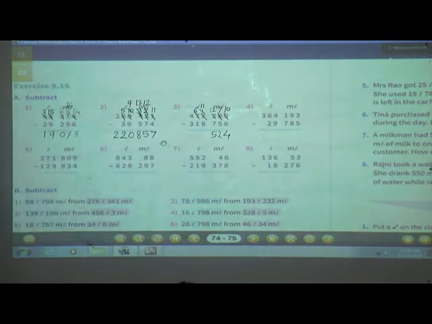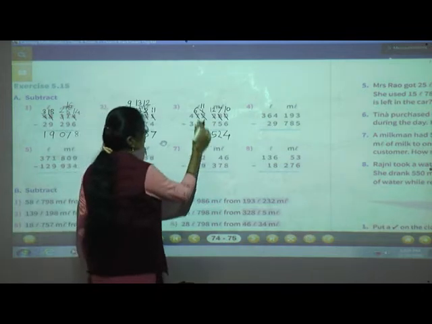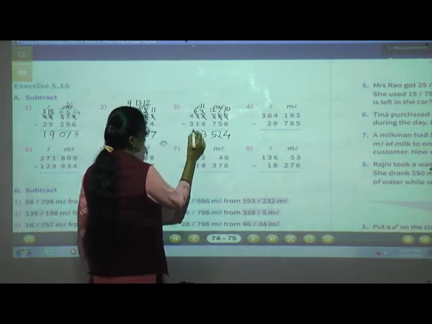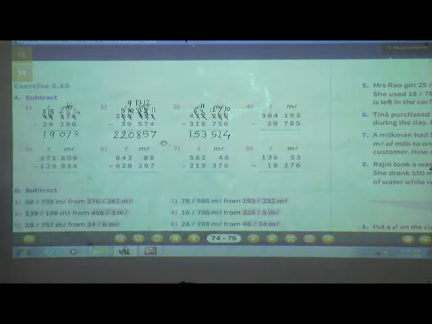Now 11 minus 8. Yes, what is the answer? 11 minus 8? 3. So what we will write here? 3. Then 6 minus 1? 5. And 4 minus 3? 1. So what is the answer? 153 liter 524 milliliter. Understood?